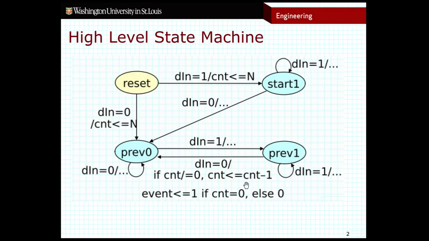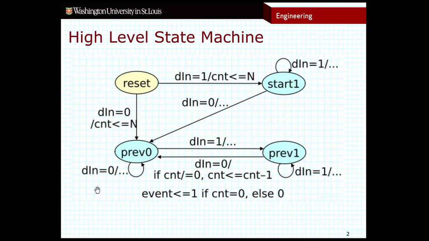That's something that we haven't seen in our finite state machines before either. So we're saying if count is not equal to 0, there's a logical operator. That's another new construct to our finite state machines. So if count is not equal to 0, then I want to take count and set it to count minus 1. So I want to subtract 1 from my counter in this particular case.